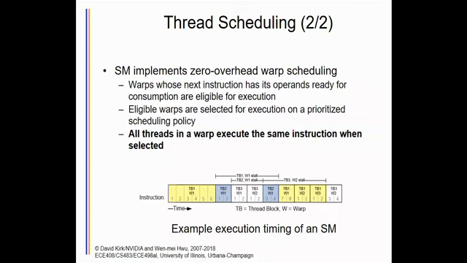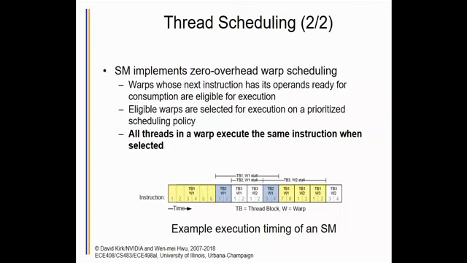In GPUs, the thread scheduling is what we call zero cost. There are enough registers for all the threads, so you're not going to be saving your registers in order to run another thread. You're just switching from one part of the register file to another part of the register file when you switch execution from one thread to another thread.